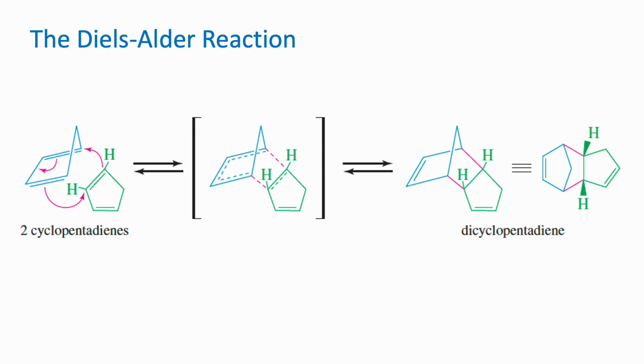But when they do, we're always going to have the same stereochemistry, which is that the group containing the electron withdrawing group, or that double bond, is going to end up in the endo position, and the other groups on that dienophile, the H's in this case, are going to end up in the exo position. So that group that has the double bond will always be endo.